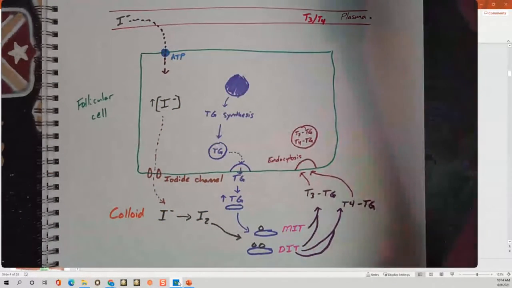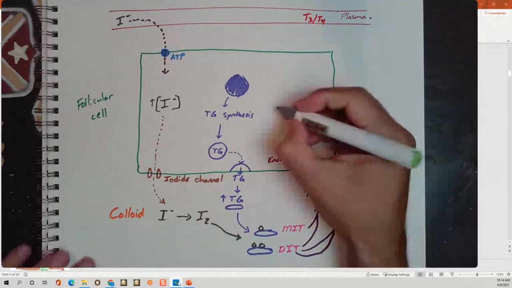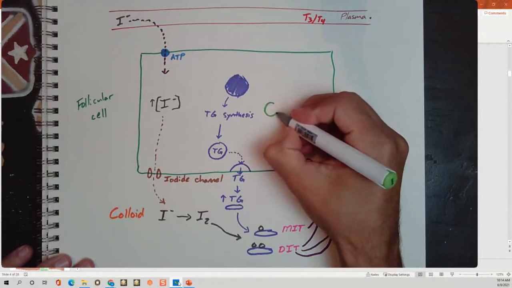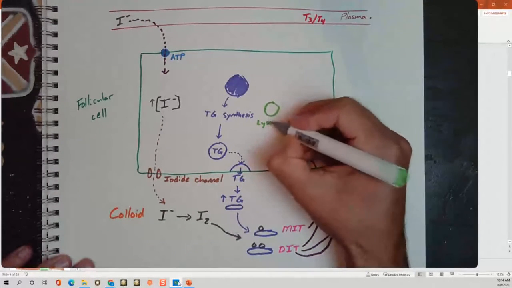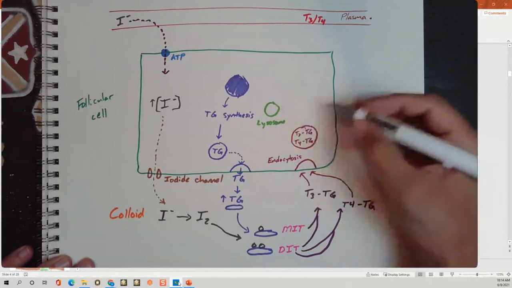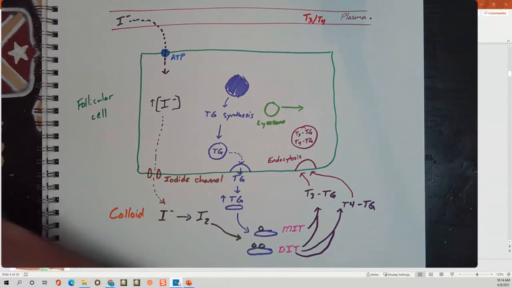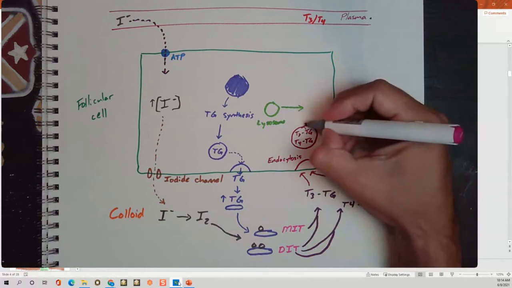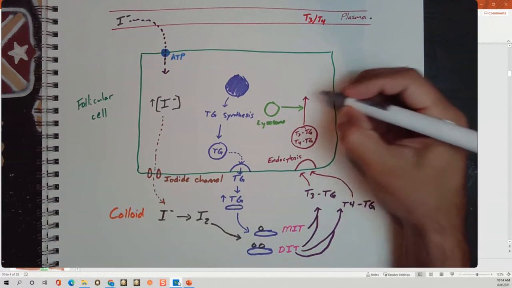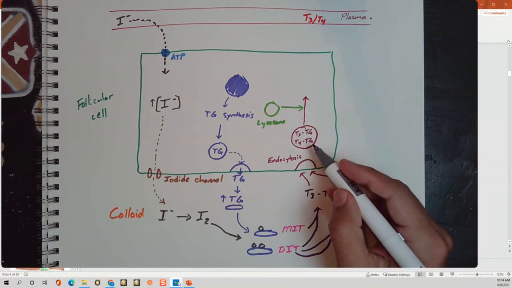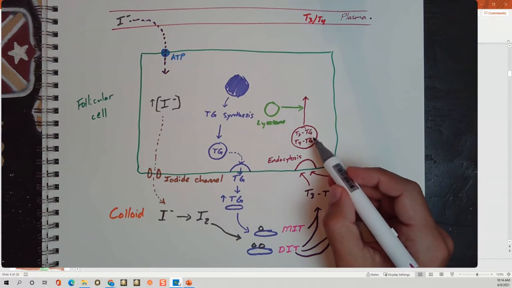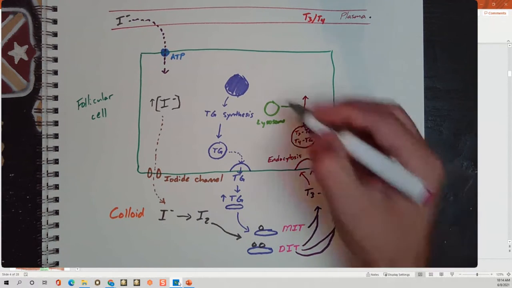So we're going to draw in a lysosome. We'll go ahead and do it as green. Lysosome. This is going to merge with this vesicle. And as it does, it's going to cleave the thyroglobulin off of the T3 and the T4.